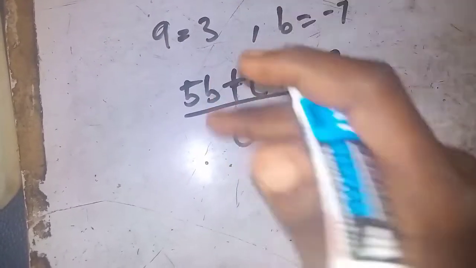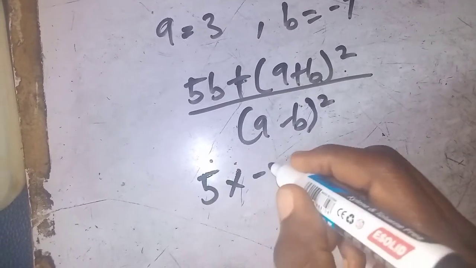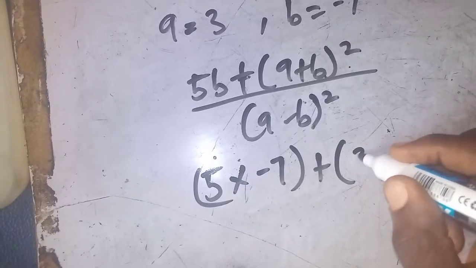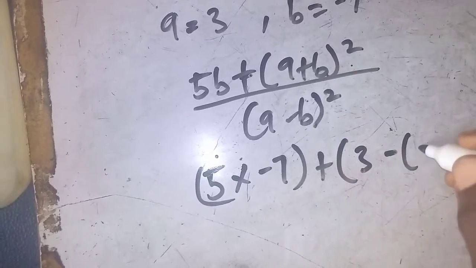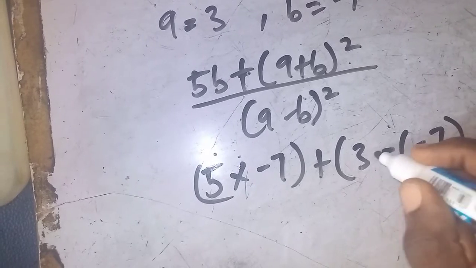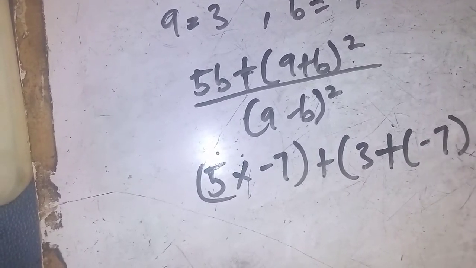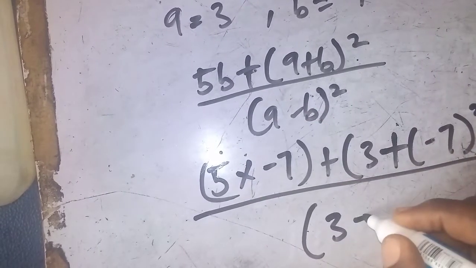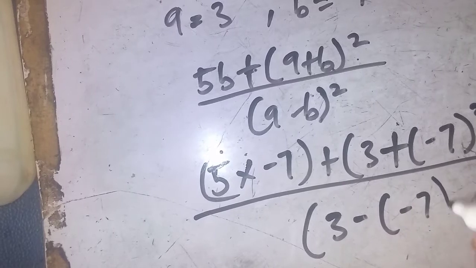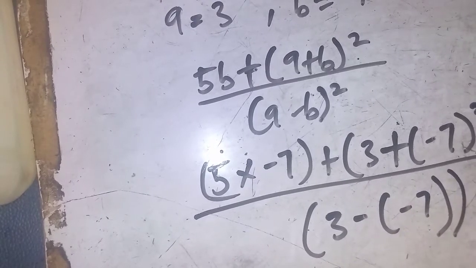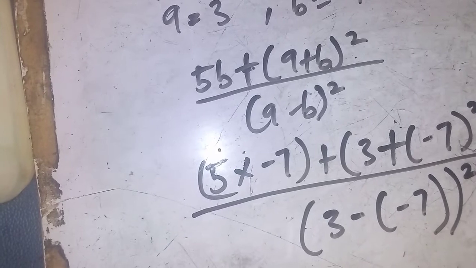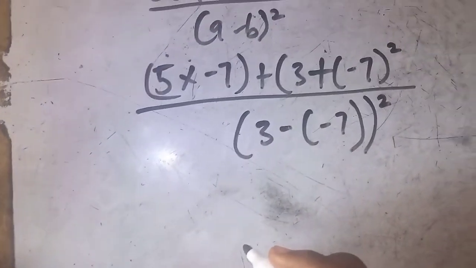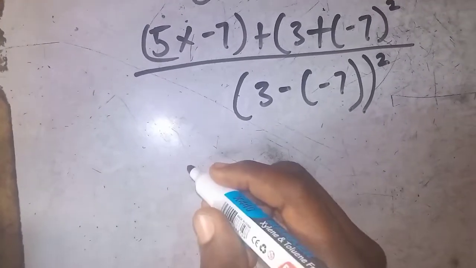They've given us our values, so we just substitute. 5 times minus 7 plus a is 3, minus b is minus 7. 3 plus b is minus 7 squared all over a is 3 minus b is minus 7. So we can as well put a square. You can see that now. Please, anywhere you don't understand, you can do well to ask in the comment section so I can answer.